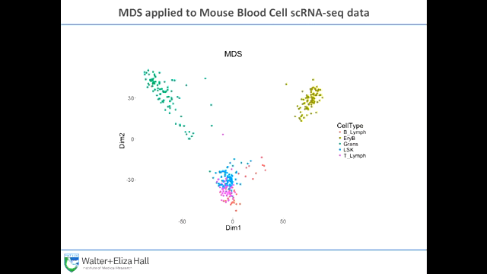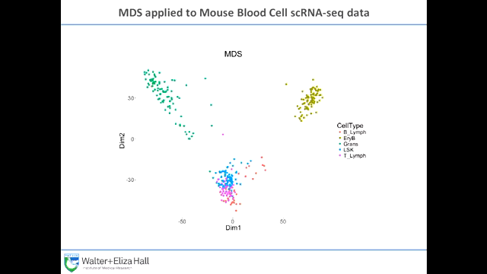We can look at the same data set with MDS. So multidimensional scaling, another very classical statistical approach to dimensionality reduction. MDS has many associations with PCA, which I described before.